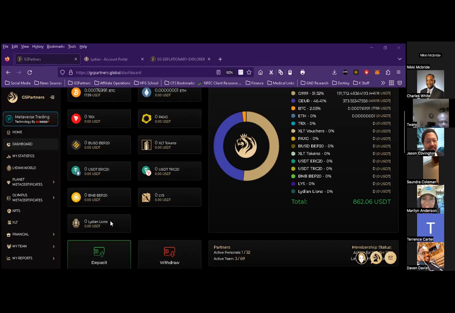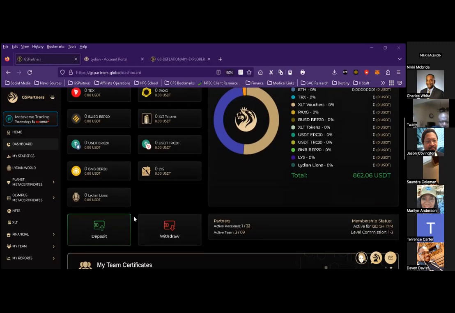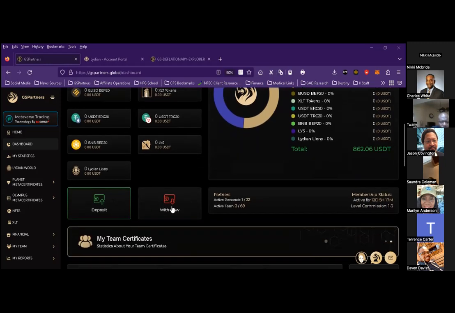Lydian Lions are exclusively used in the Lydian world. And if we need to, we'll talk about the Lydian Lions and what you can do with them in a little while. Underneath are two little shortcuts where you can deposit cryptocurrency or withdraw cryptocurrency from your current wallets. All it does is open up the corresponding part of your financial dashboard down here.